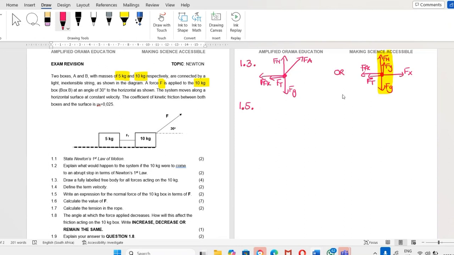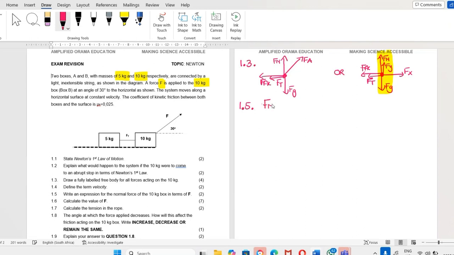So those two forces must be equated to the gravitational force in order for us to determine the normal force. And remember what I always say: because the force F is acting at an angle, there's a lifting force Fy that causes the 10 kg box to be in less contact with the ground, thus reducing the friction that the 10 kg box is experiencing.